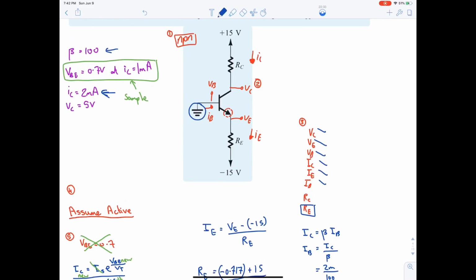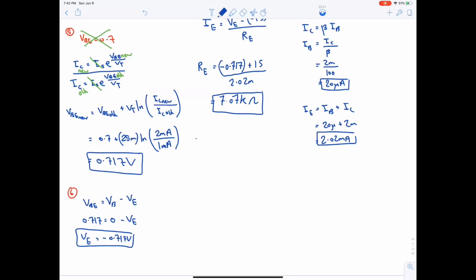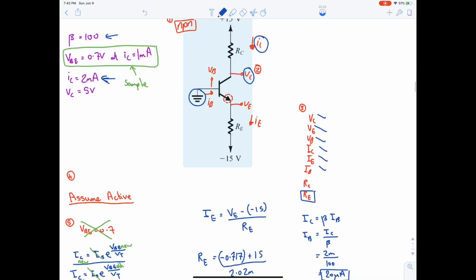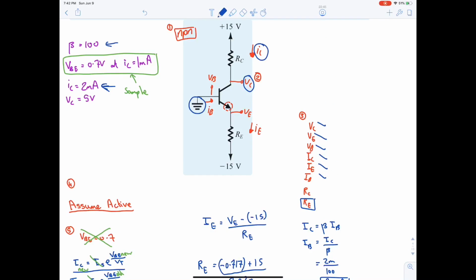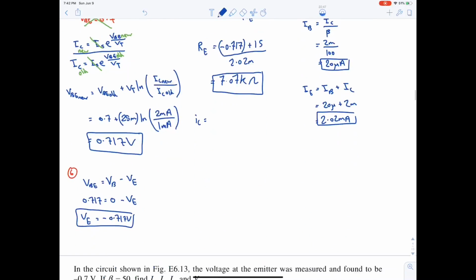How can we find RC? Now IC is known and VC is known, so we can do Ohm's law. We can say that IC is equal to 15 minus VC over RC.